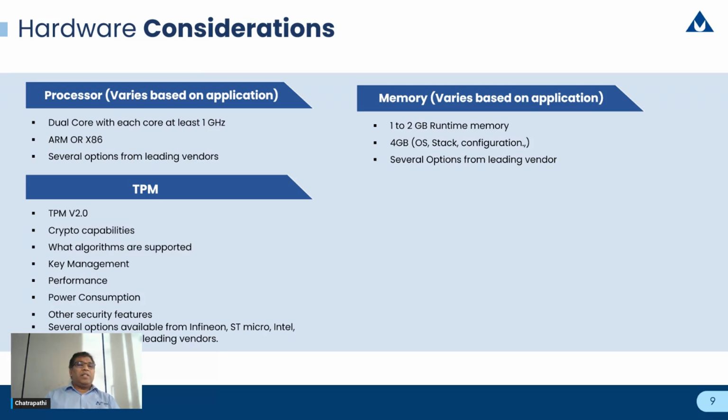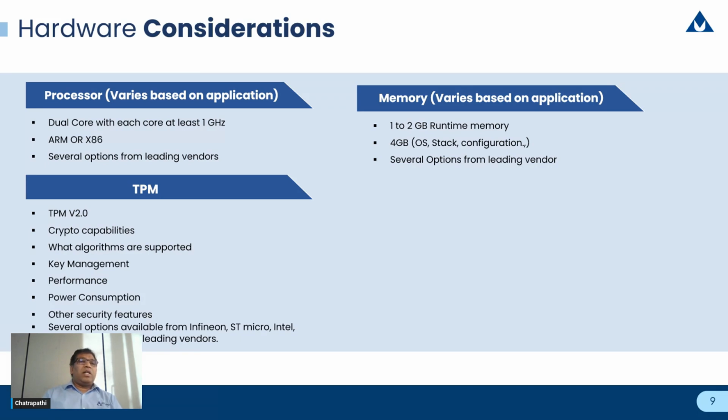And again, the TPMs are very generic. Nothing specific to OPC FX is required. This is an open standard. So the latest version is TPM version 2.0. So you should look for components that support or have been certified to 2.0 version.